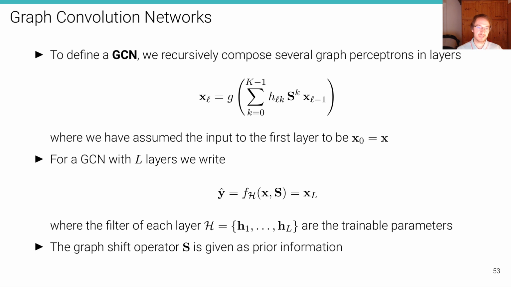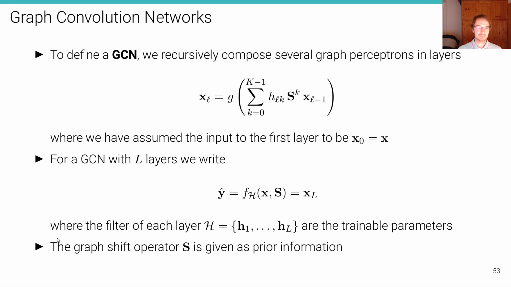As a shorthand notation for graph convolutional networks, GCNs, with L layers, we simply write that the prediction is f subscript calligraphic h, which now comprises all the coefficient vectors, one per layer, of x and the graph shift operator s, which is equal to the last element of this recursion, x_L, the last layer.